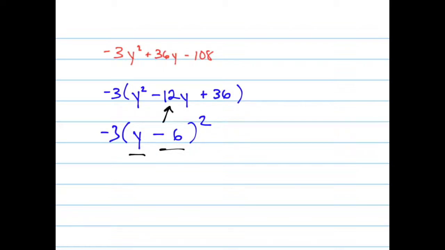That's our check. It's not part of the factorization, it's what makes the factorization work. If you're going to check this, when you multiply it out, you can't square y and square 6. You have to FOIL out y minus 6 times y minus 6.